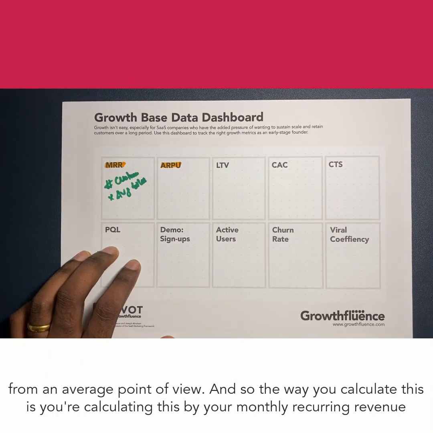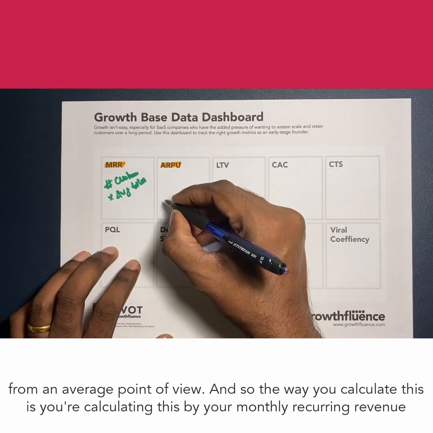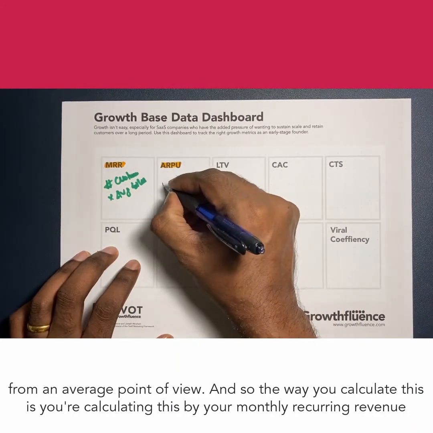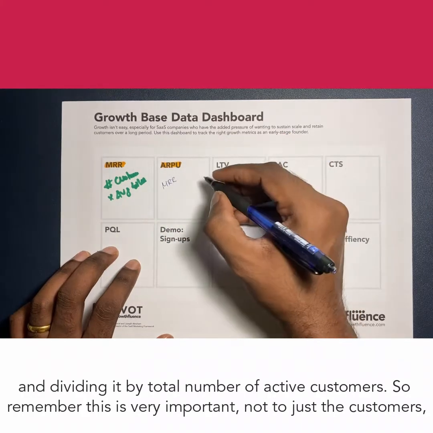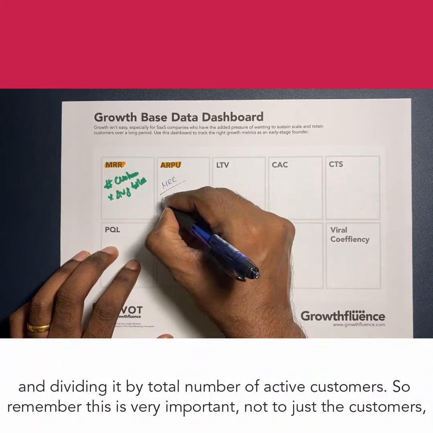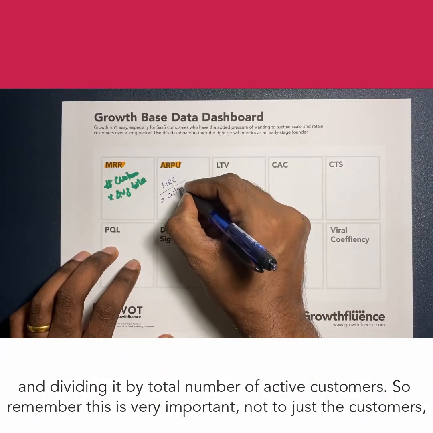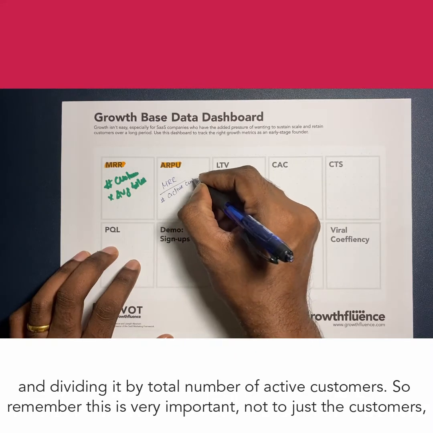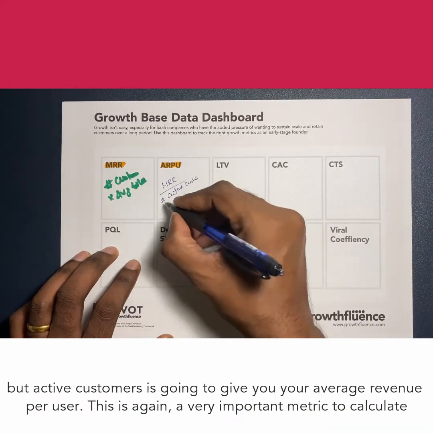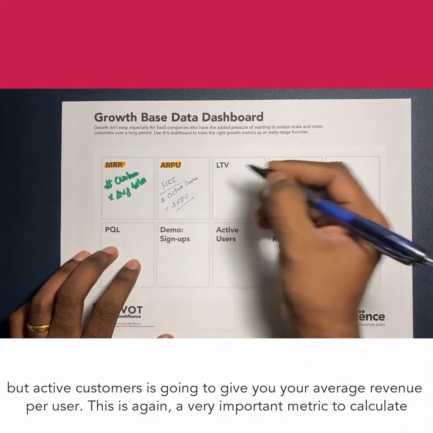And the way you calculate this is by taking your monthly recurring revenue and dividing it by total number of active customers. So remember, this is very important, not to just divide it by customers, but active customers is going to give you your average revenue per user.